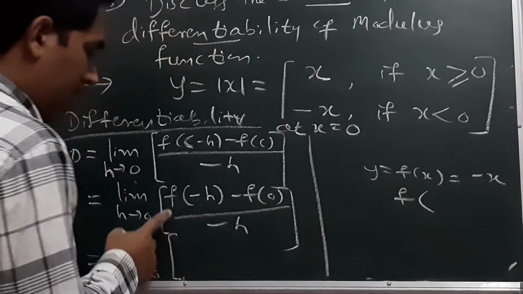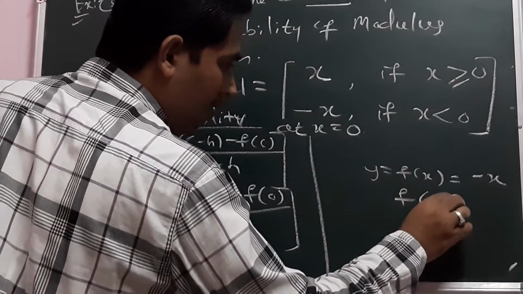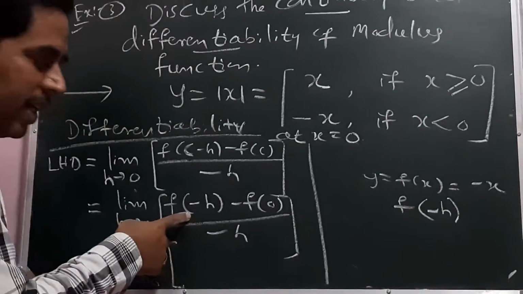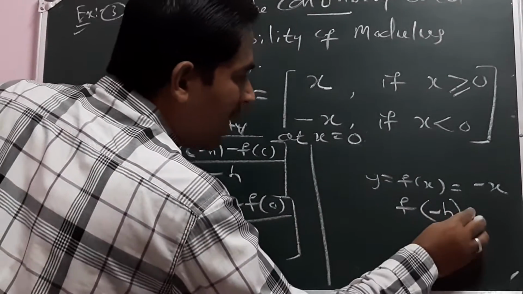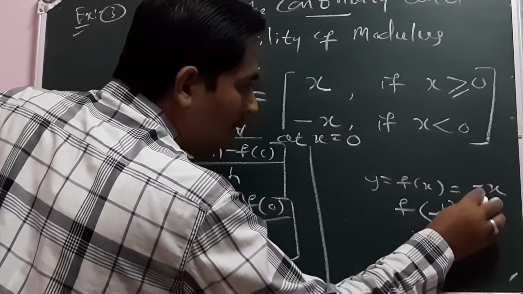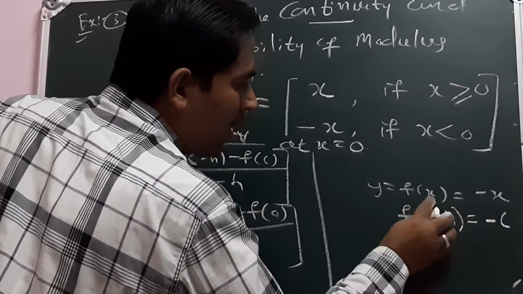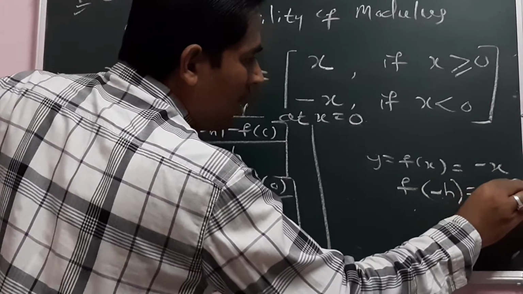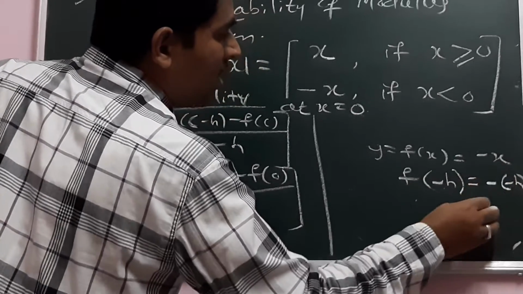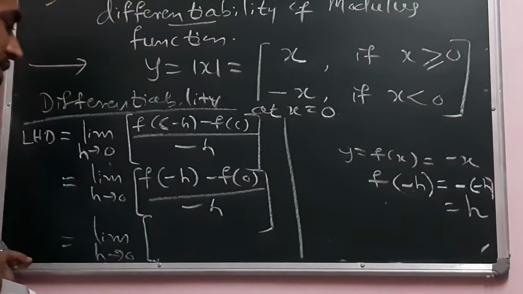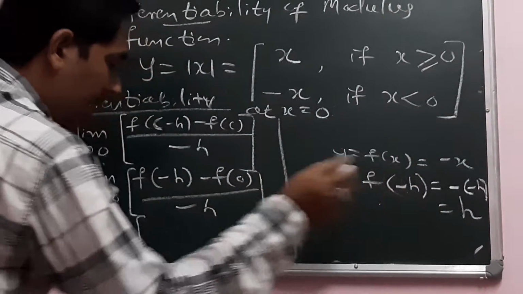So f of minus h means minus of, think of this whole quantity as x, in place of x we replace minus h. Minus of minus h means what? That is h. So f of minus h is equal to h only.